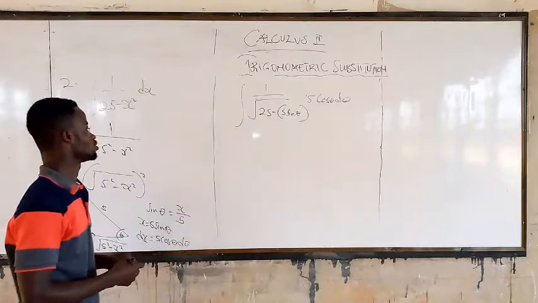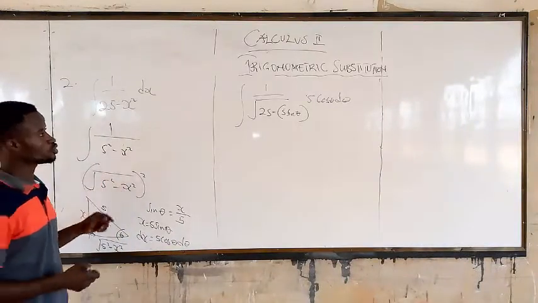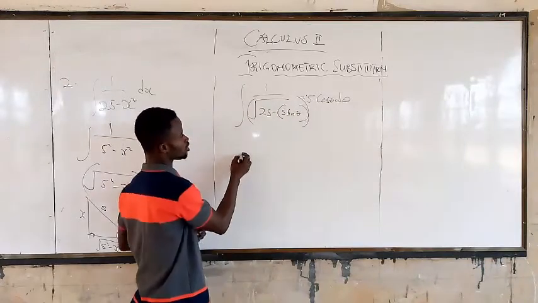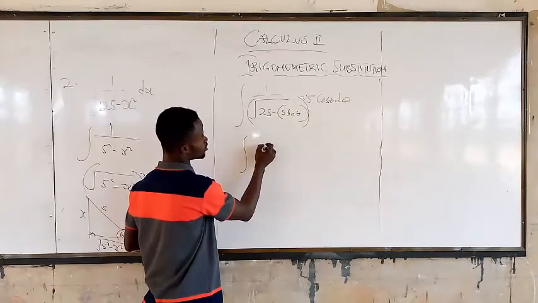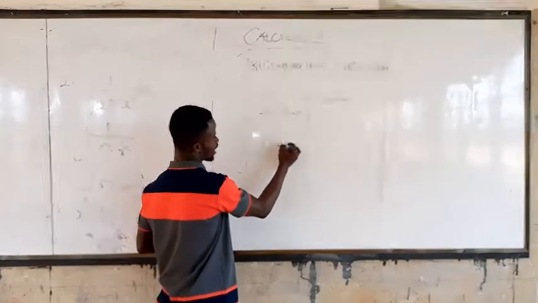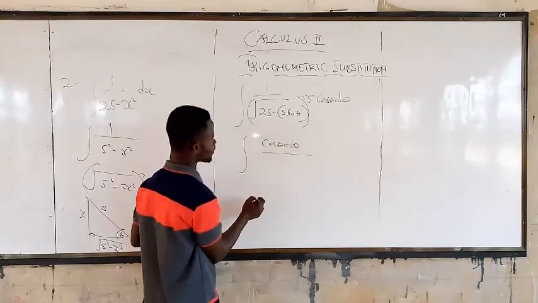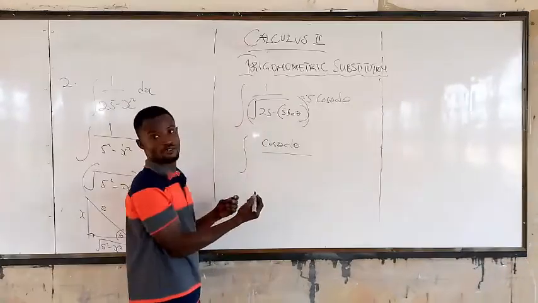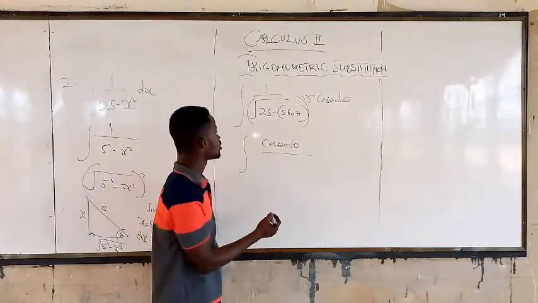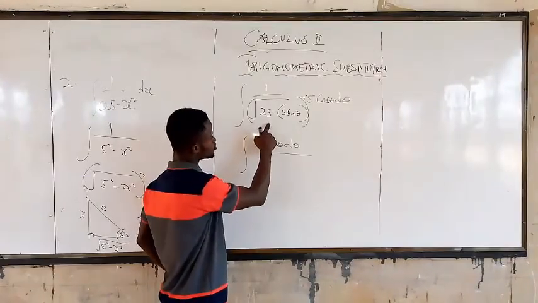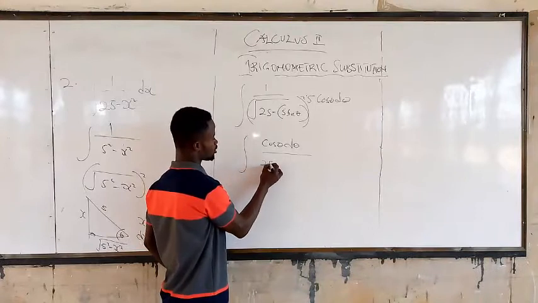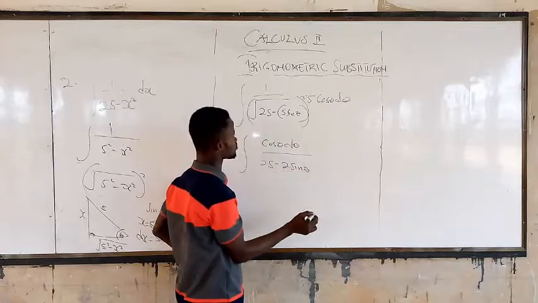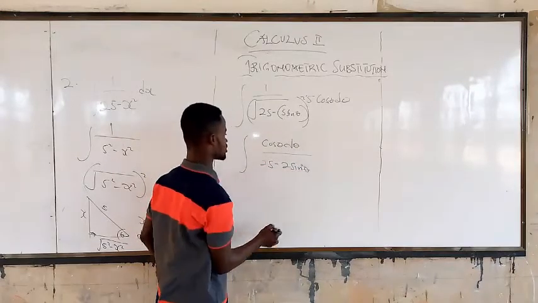Also we have to introduce this so that we can destroy what we have introduced here. So here we are going to get cos theta d theta over, in fact we can forget about writing the square root, 25 minus 25 sine squared theta.